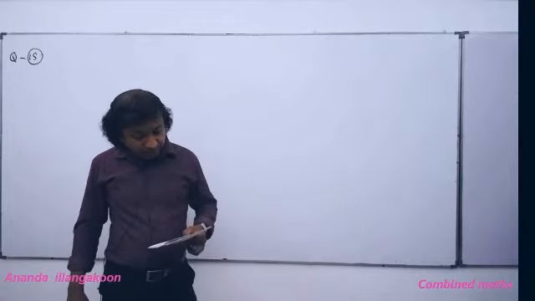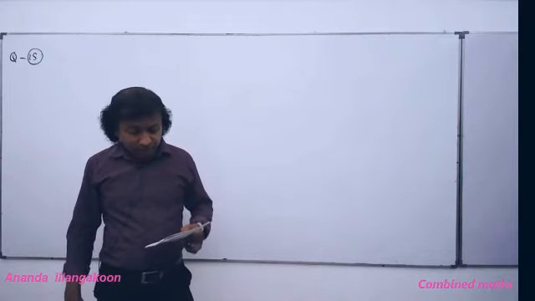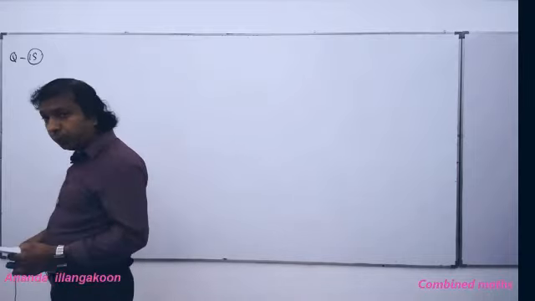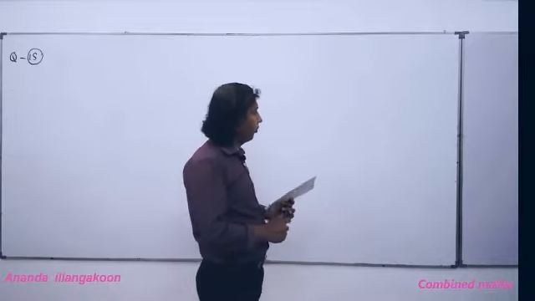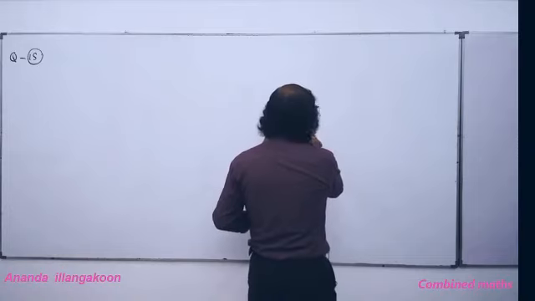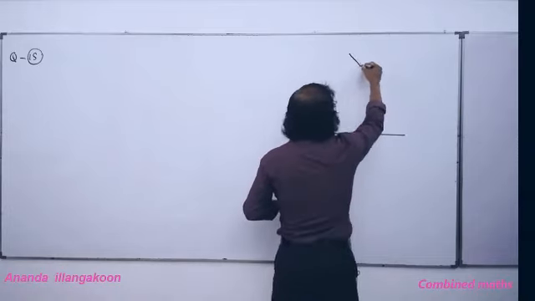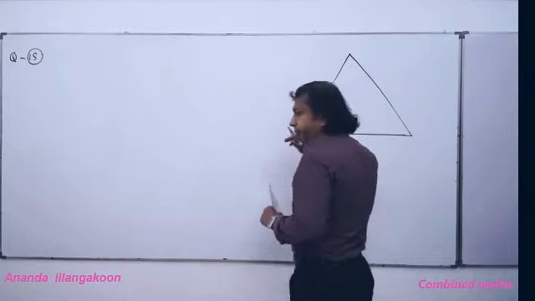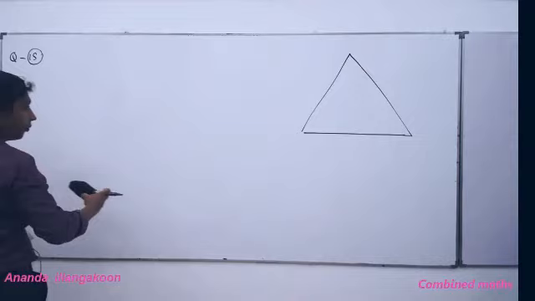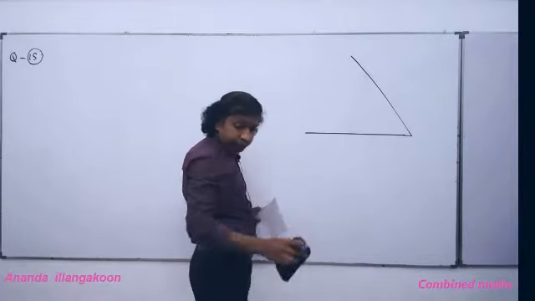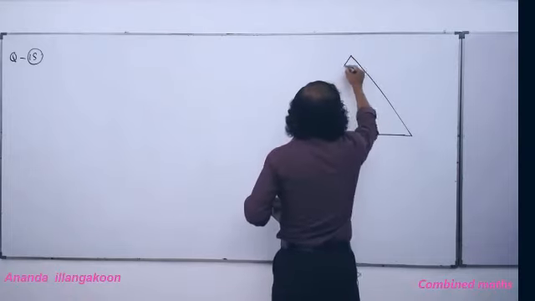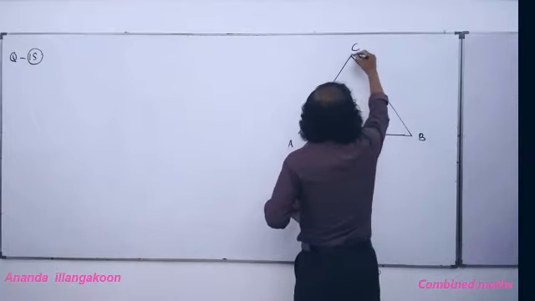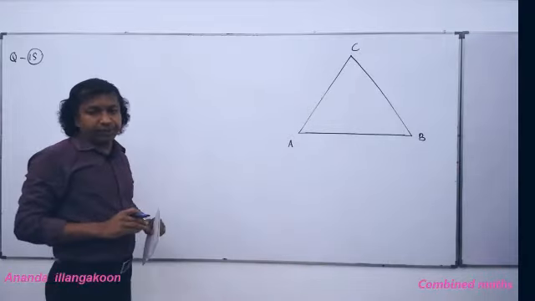The vertices A, B, and C of a triangle have position vectors simple A vector, simple B vector, and simple C vector respectively, relative to an origin O. Suppose this is our triangle.